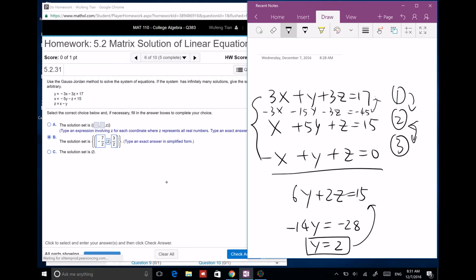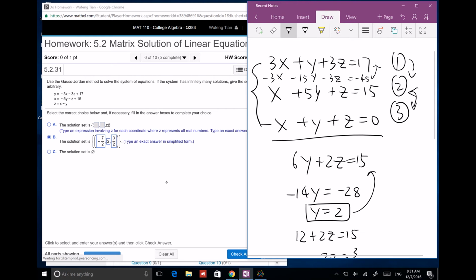So if y equals positive 2, add these two equations together, you got x cancelled out, and 6y plus 2z equals 15. So y equals 2.